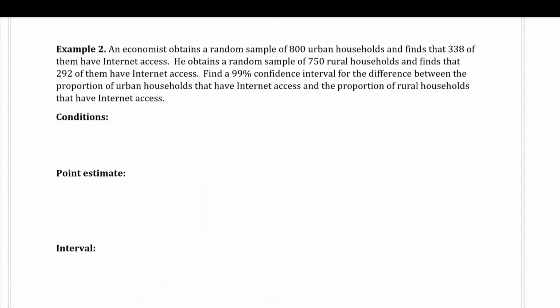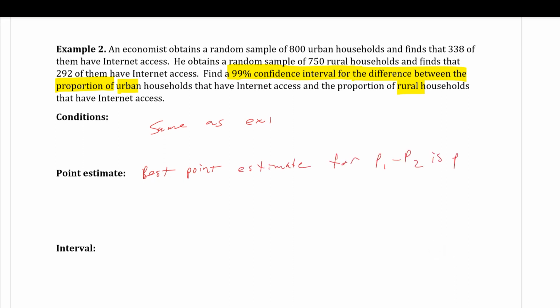Example 2. This is the same example as before, but in this case, they're asking for a 99% confidence interval for the difference between the proportions of urban and rural households. The conditions are the same as in example 1. Your best point estimate for the difference between the population proportions is your sample proportion, which is P1 hat minus P2 hat.